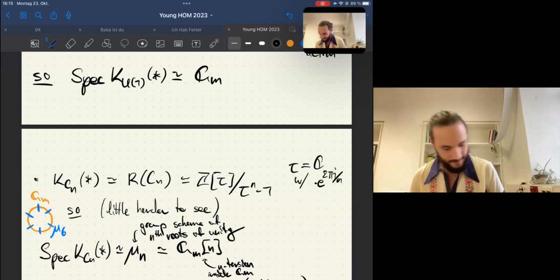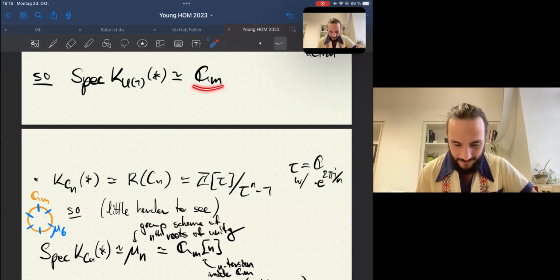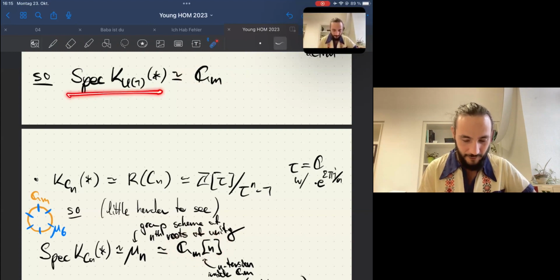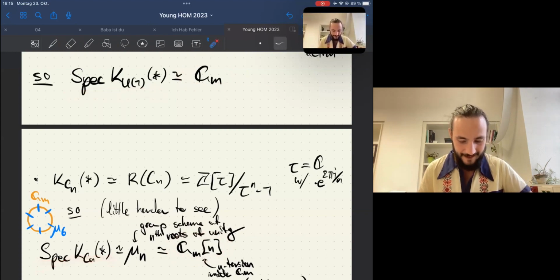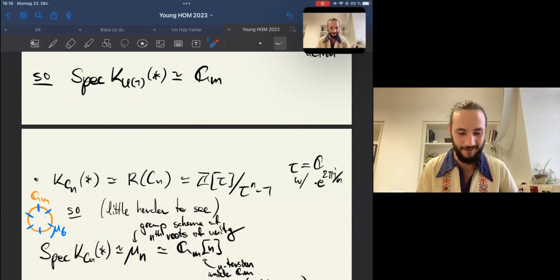Okay. So what I want to do is manipulate these two formulas for the equivariant K-theory of U1 and the equivariant K-theory of Cn into some form that has something to do with Gm, but also has something to do with the group. Somehow the group U1 vanished here, and the group Cn somehow turned into an n.